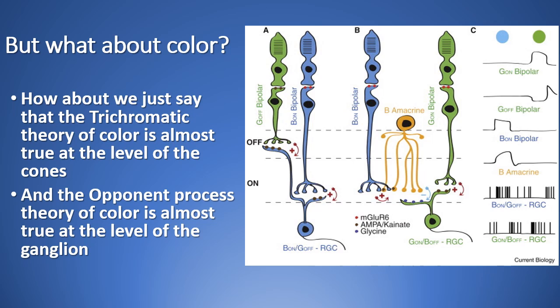The opponent process theory is true, though, at the level of the ganglion. By the time you input multiple cones and then multiple bipolar cells into one ganglion cell, you end up with a ganglion cell that is responsive to color, but using the opponent process theory. How about we call it good?